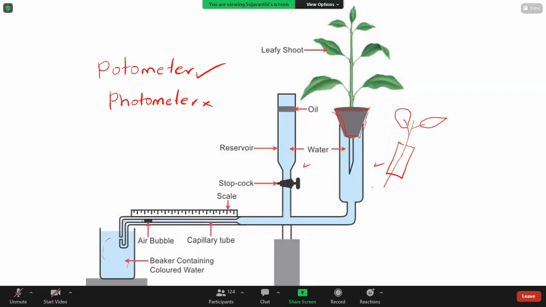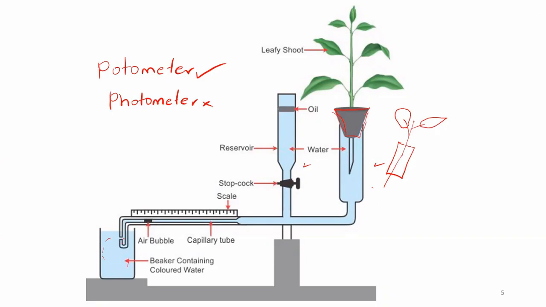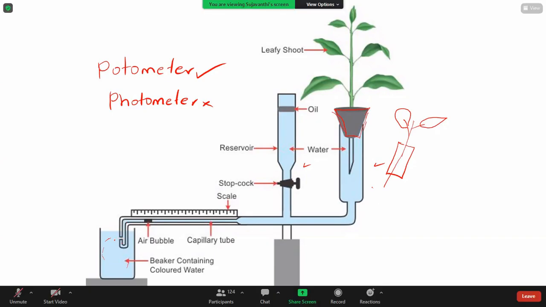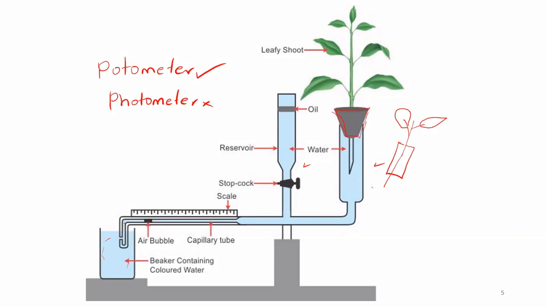The capillary tube should be immersed in this colored water. After some time, we take out the capillary tube to expose it to the environment, to allow air bubbles to enter through the capillary tube. At that time, we ensure the only air bubble entry is there.